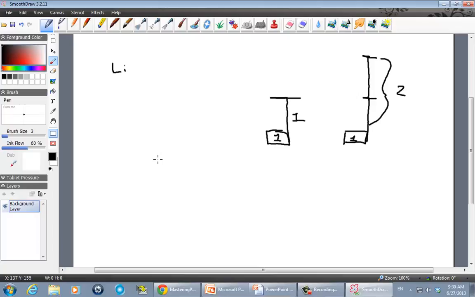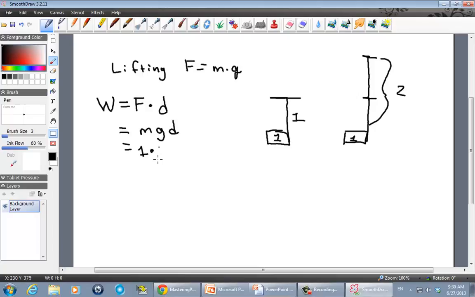Now remember, when you're lifting, your force equals m times g. So in our first example, the work equals the force times the distance. Because we're lifting, our force is mg. Our distance is going to be how high we're lifting it. So our work will be 1 times 10 times 1, which is 10.